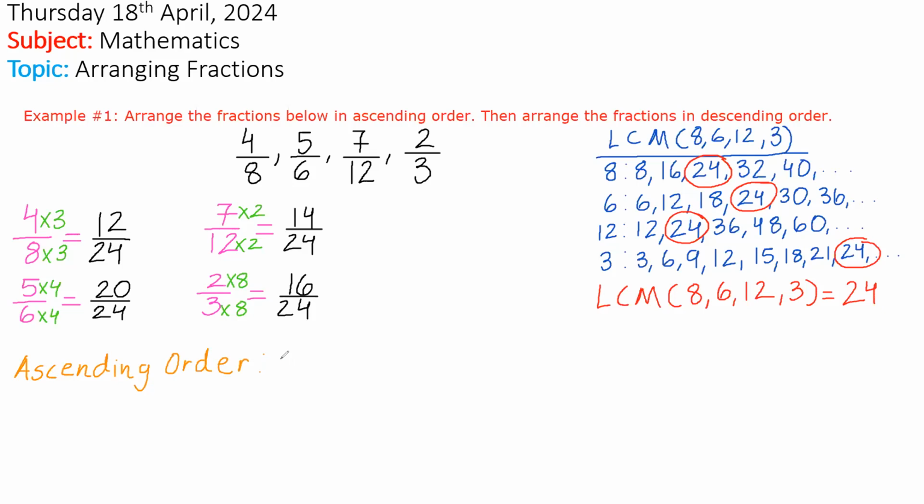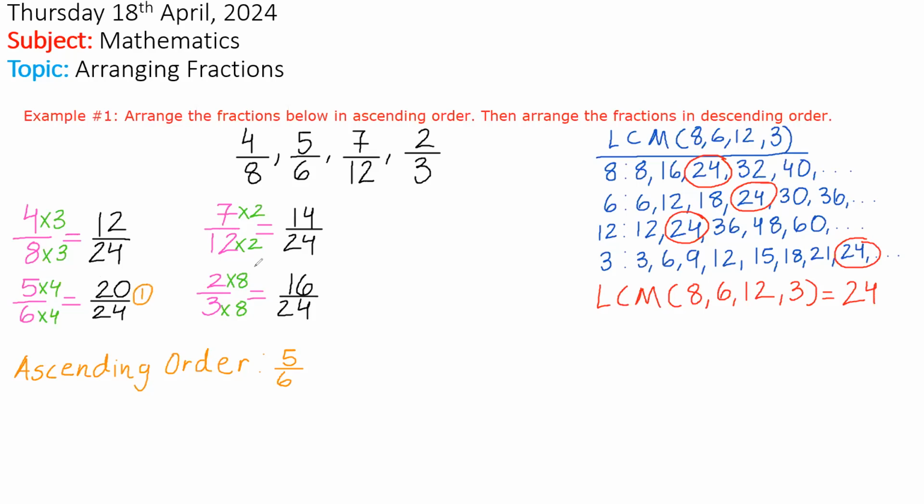Okay, good. Which one is the highest? You said it. It's 20 over 24, which is 5 over 6. Very good. So this one is the first one. Which one is the second one?